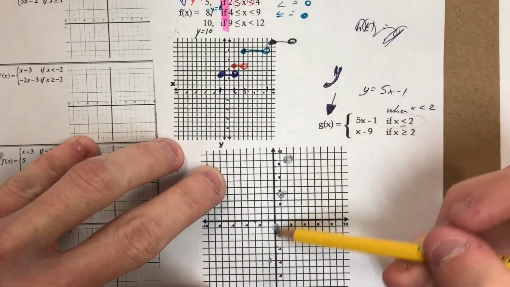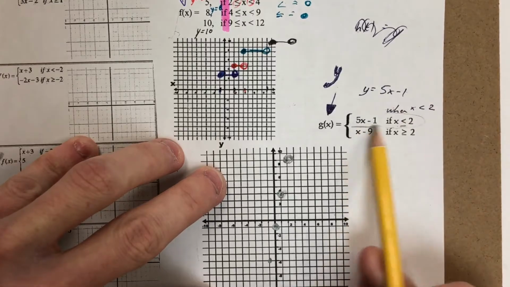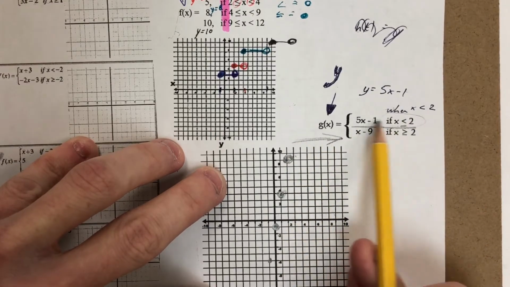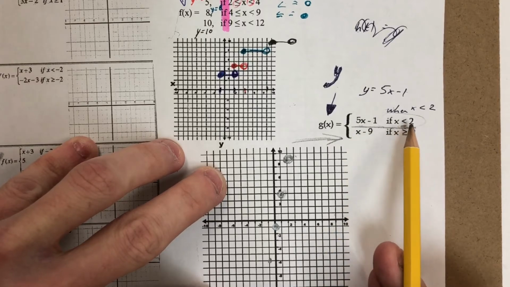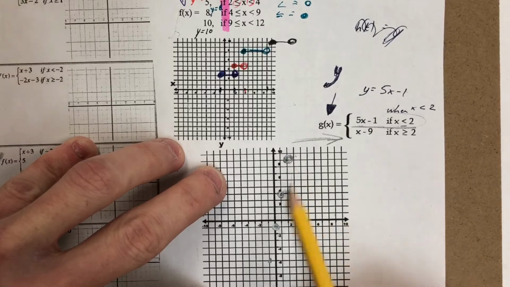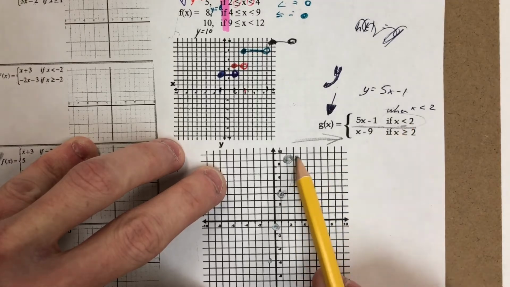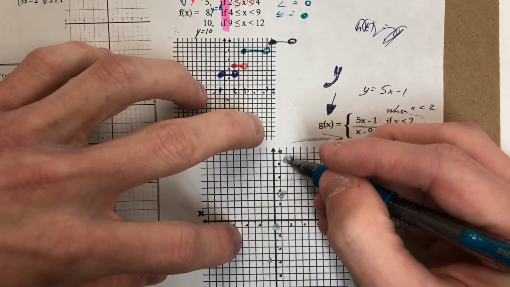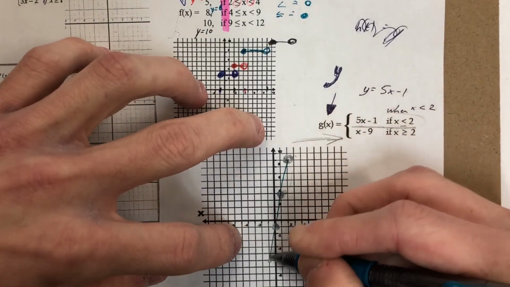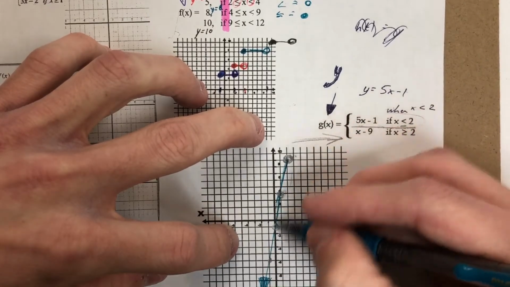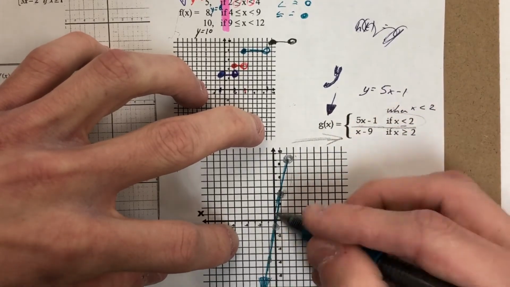It's still the same line, but we don't have this graph going this way because it's only this when x is less than 2. So at 1.99999, we have this graph. At 2, we do not, and that's why we leave it open. So we would just graph this just like normal, and it's going on forever, just like it would, because it's linear.